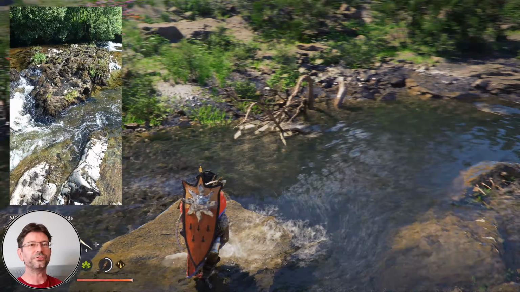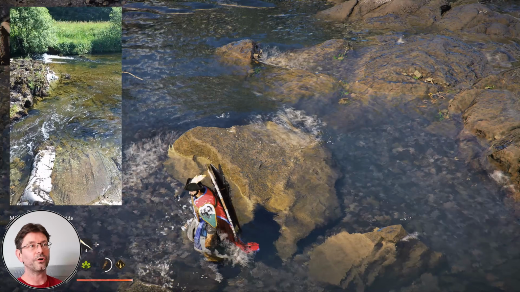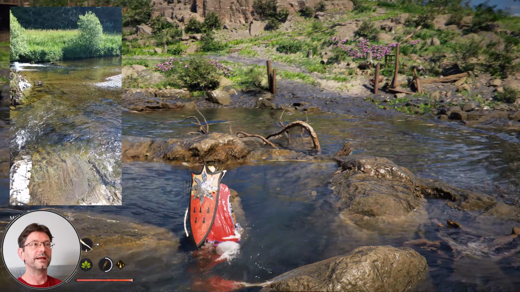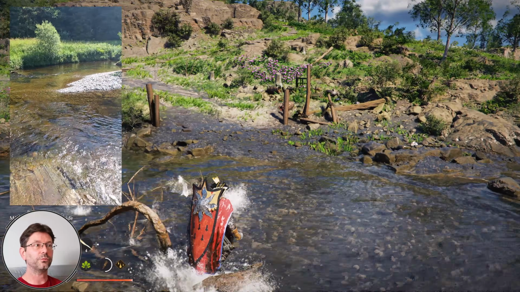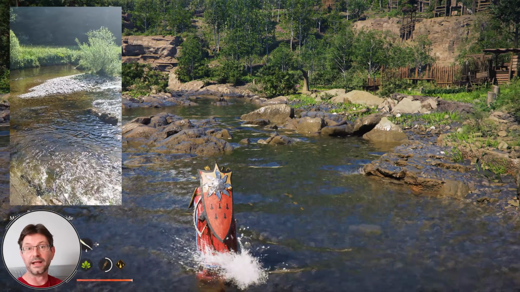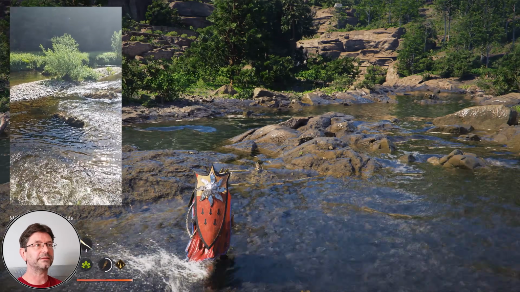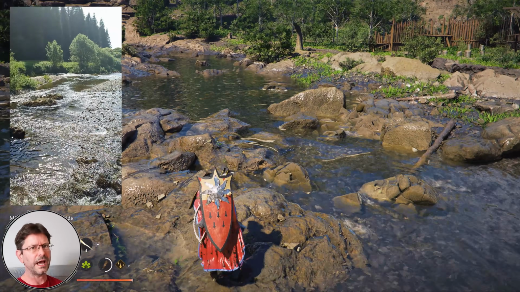And the fact that it was a simulation, of course, means that the artists could move these rocks around to their heart's content, even redo the whole riverbed. And then the simulation will run on top of all that and recognize the changes and react to it. So you don't have to do any pesky flow map editing and all that sort of stuff, which can be time consuming.